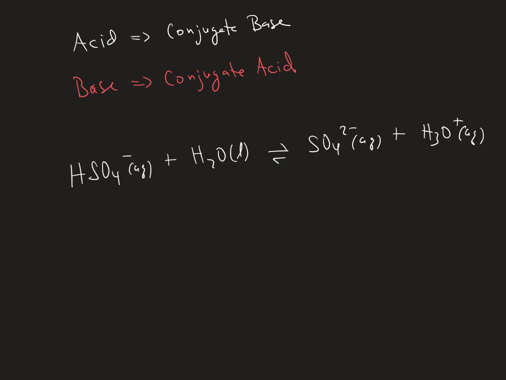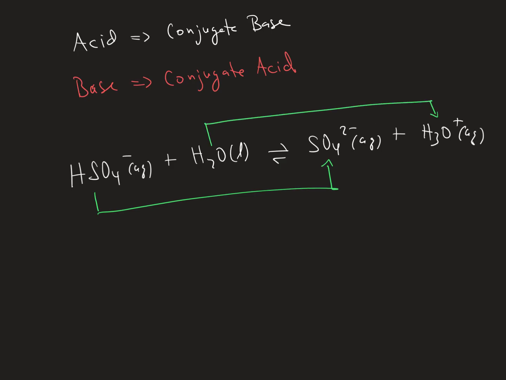Okay. So which one's the acid, which one's the base? You gotta see what it goes to. So this HSO4 minus turns into what? What is most like HSO4 minus? SO4 2 minus. And what does water turn into?